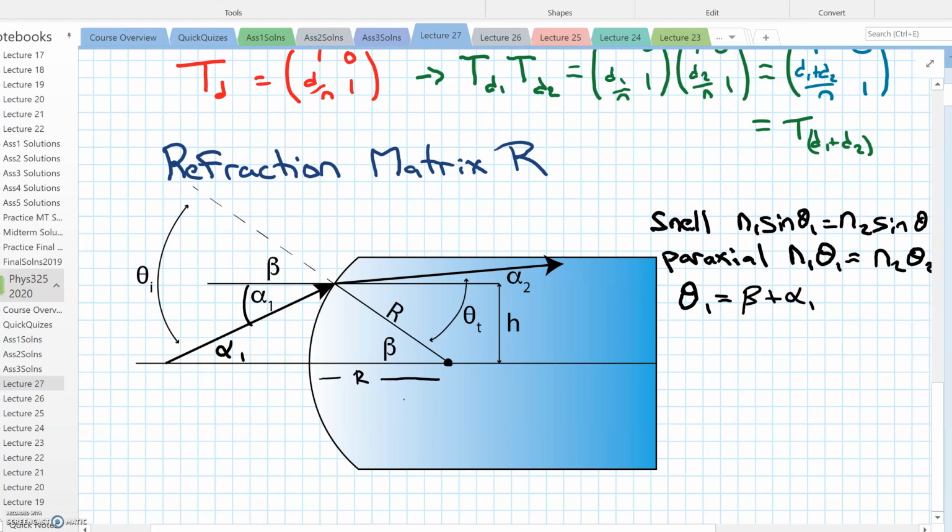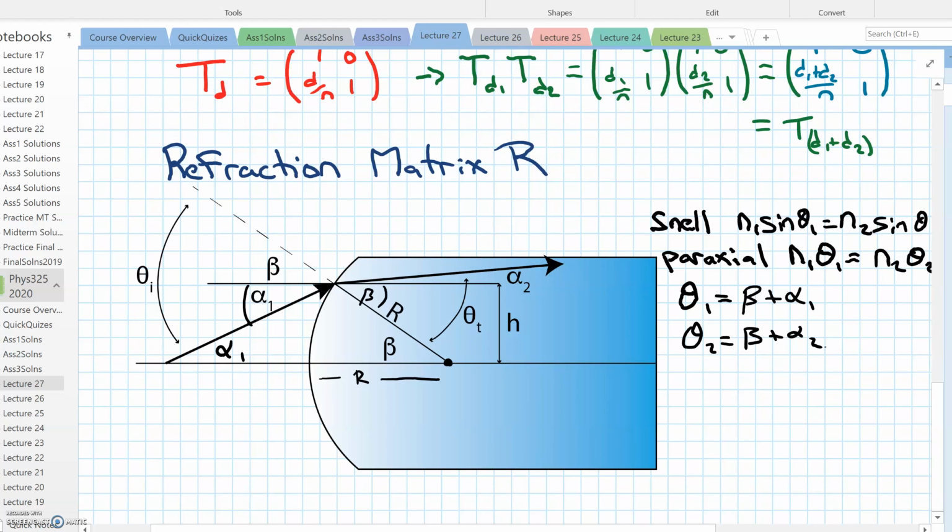That's what gave us our beta. So our theta 2 here is equal to alpha 2 plus, and if we can look at it just the right way and use one law of geometry, we see that that's also beta on this side, so that theta 2 is equal to beta plus alpha 2.